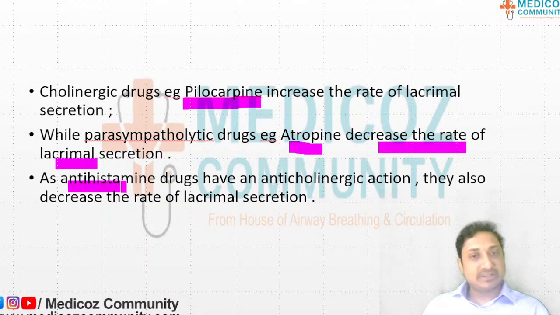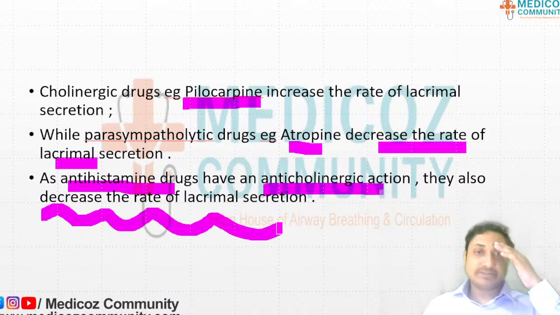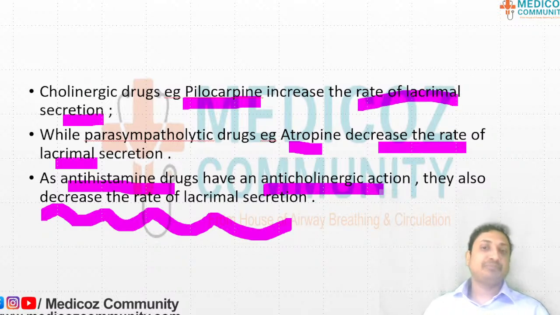Antihistaminics also have anticholinergic action, so they will decrease it. The only thing that increases the rate of lacrimal secretion is pilocarpine. This is very simple and easy to remember. So we can move on to the next question.